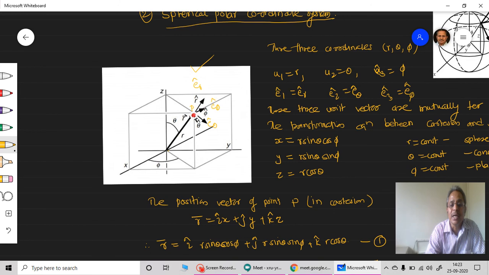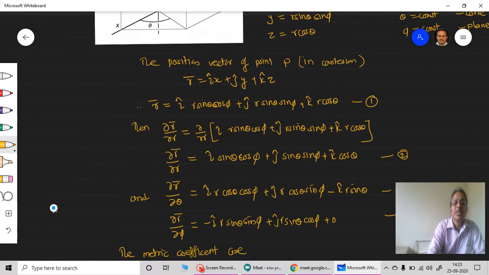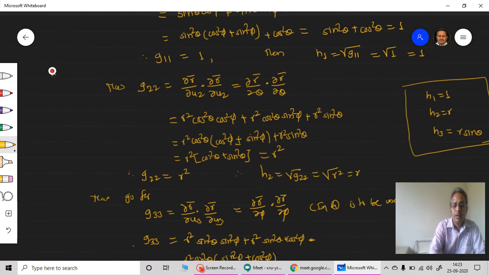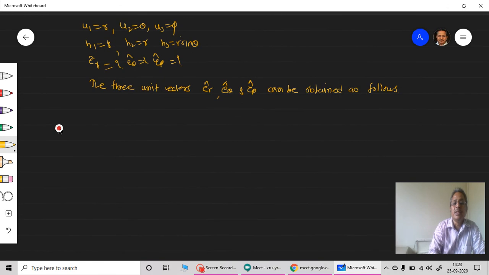Similarly eθ cap and eφ cap. So they can be calculated as follows. I am using this mathematical formula to calculate this er cap, eθ cap and eφ cap.